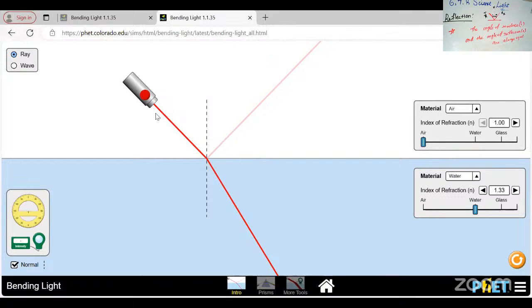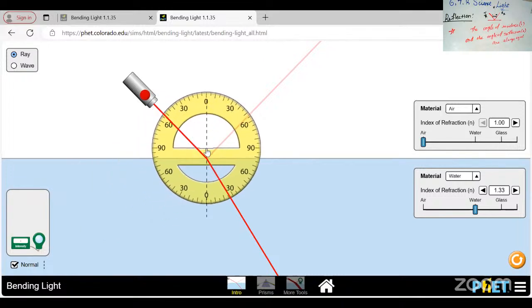This is called the incident ray. This is called the reflected ray. The center line is called the normal. Both the angles are the same. With the help of the protector, I am going to check these angles.